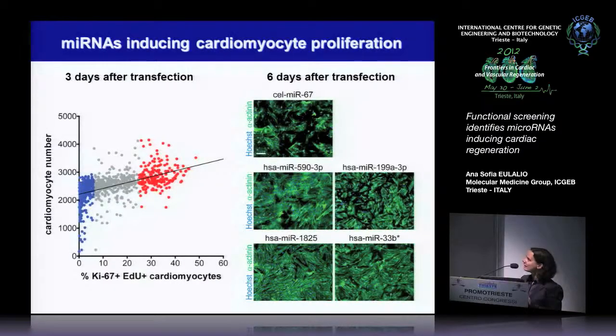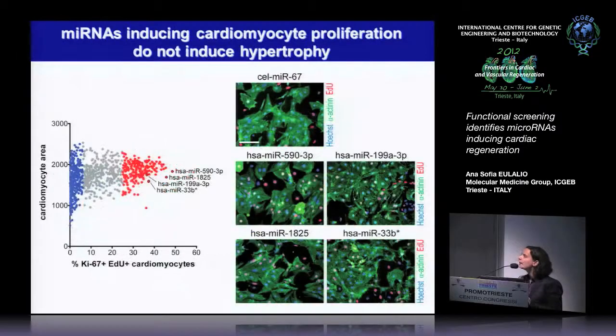These are the cells transfected with the control microRNA. These are the cells transfected with 4 hits of the screen. You can immediately see that now we have the plate full of cardiomyocytes. One important point that I should mention is that these microRNAs that we identified, which increase cardiomyocyte proliferation, do not induce hypertrophy. And this is important if we want to take them for a therapeutic approach.